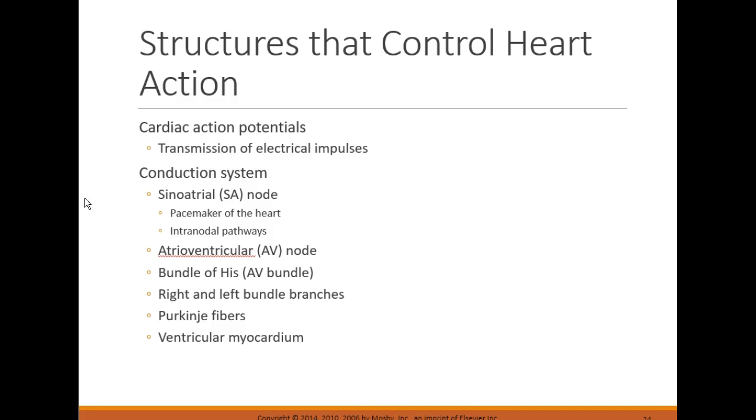Then it goes into the electrical control of the heart: the SA node, the AV node, the bundle of His, the right and left bundle branches, the Purkinje fibers, and then the ventricular myocardium. What's interesting about these is they all can generate an impulse. Of course, this is the one we want to generate the impulse, but if it fails, it fails, it fails.